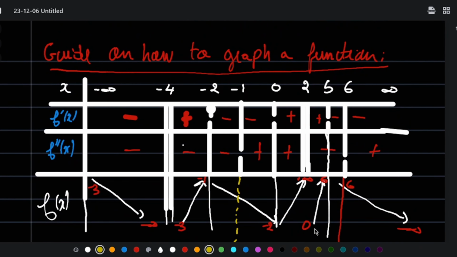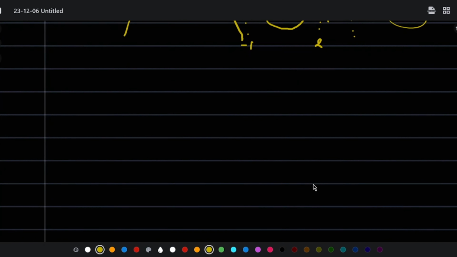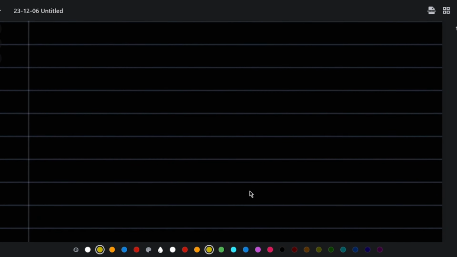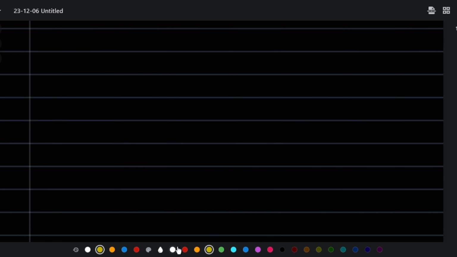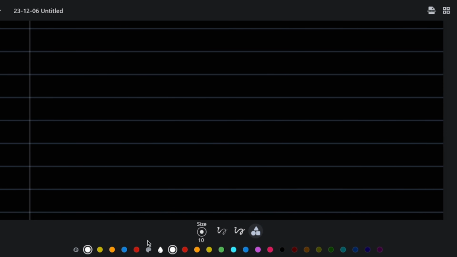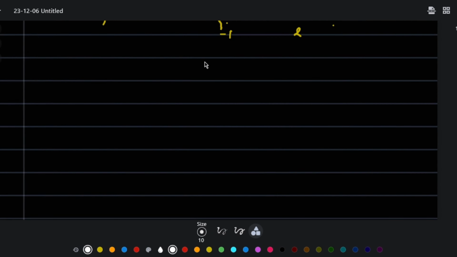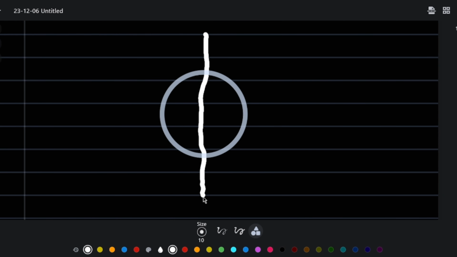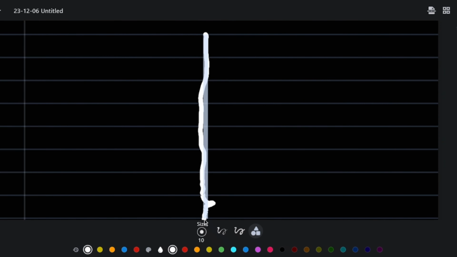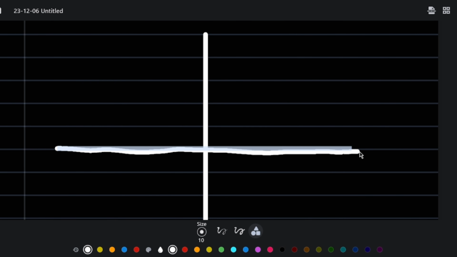And now let's draw the function. So to draw the function, let's draw the y-axis. So for the y-axis, let's draw this. Okay, this is the y-axis, and let's draw the x-axis like that.